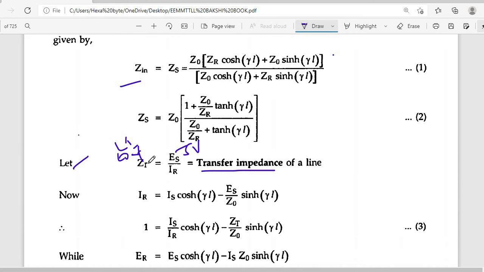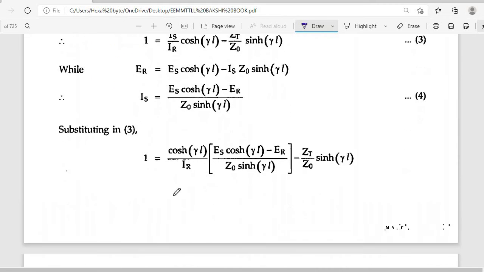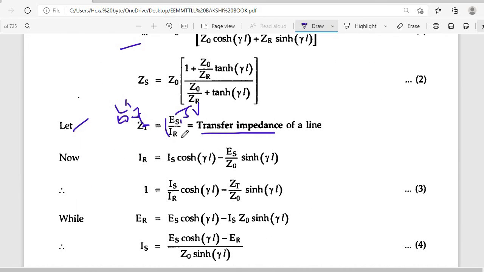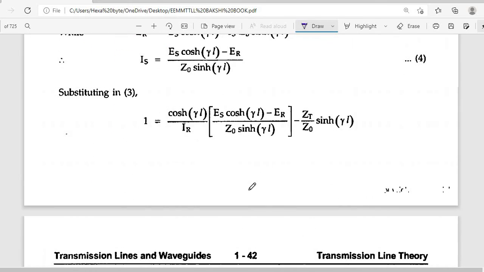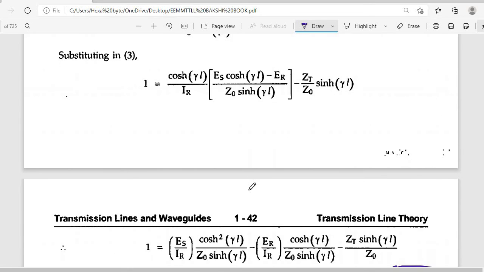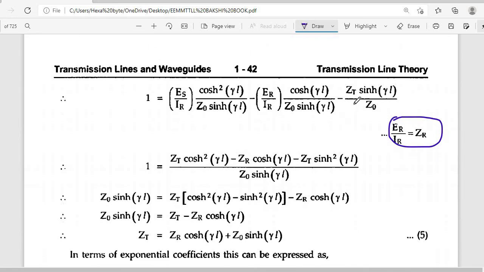So this is the transfer impedance ZT. ES by IR is replaced with the ZT.